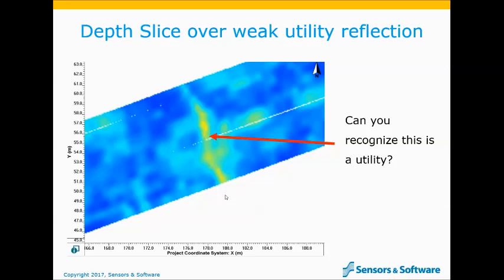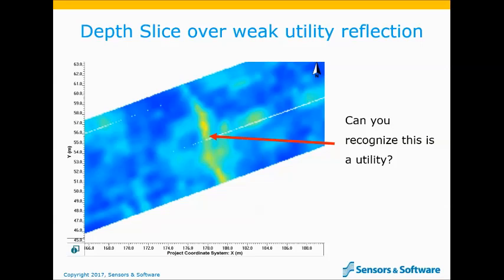So the main reason that sometimes depth slices and 3D plots don't work very well, we can't see the object we need to see, is because of two things. Your target has to contrast with the host material enough to be visible. Okay, fundamental GPR right there. Got to have enough contrast.